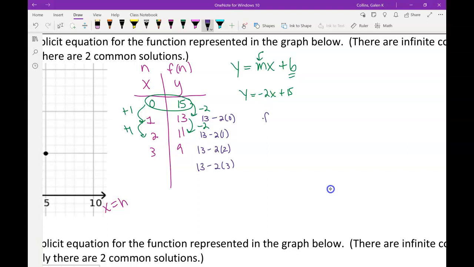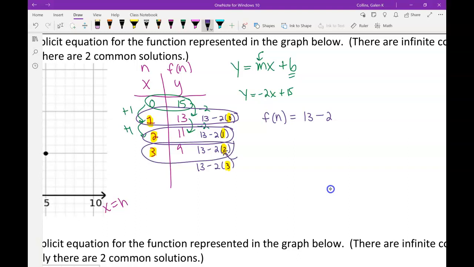I could also express my function f of n as 13 minus 2 times something. I know I need a variable because it's the amount that I'm multiplying 2 by that varies. And I notice that the thing I'm varying by is not my x or my n value. In fact, it is 1 less.